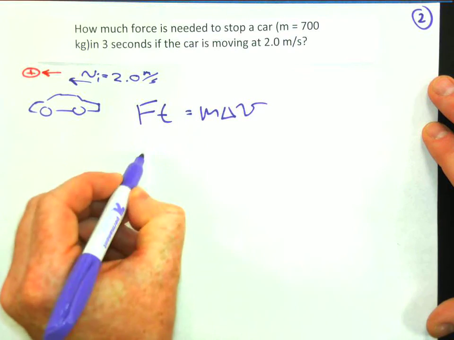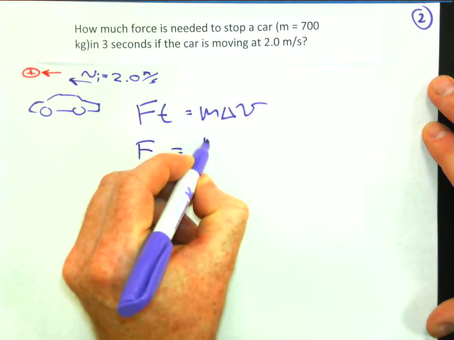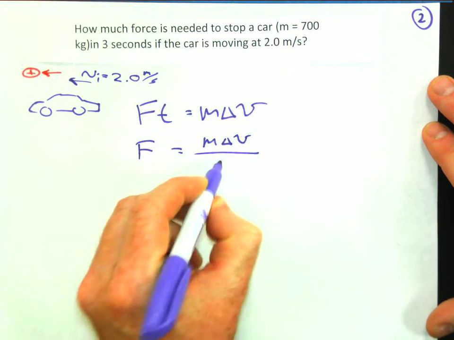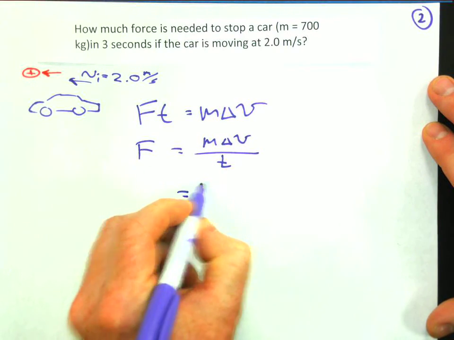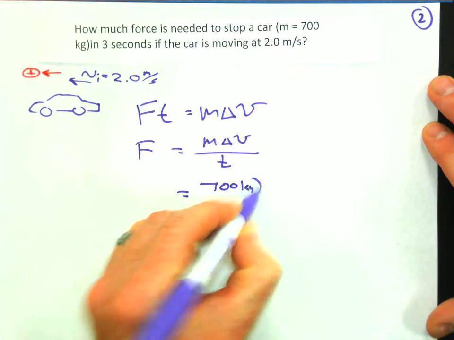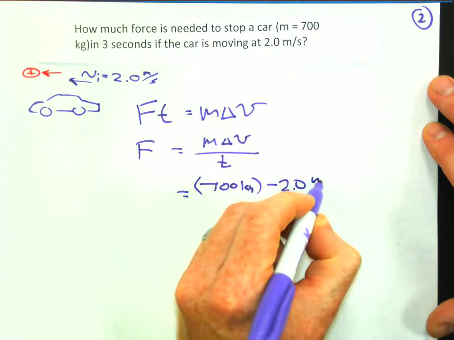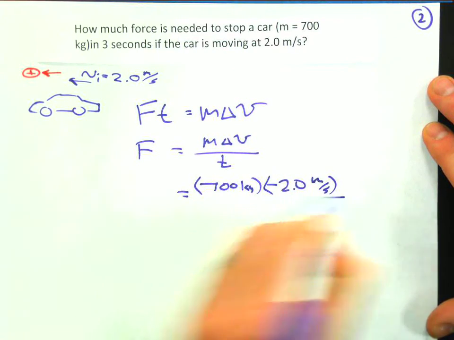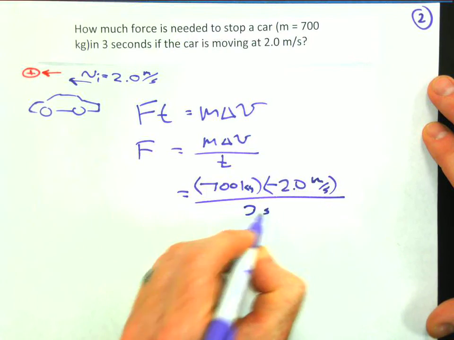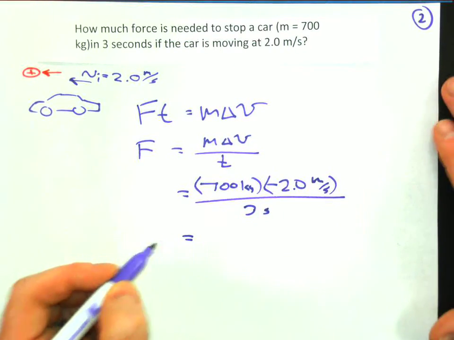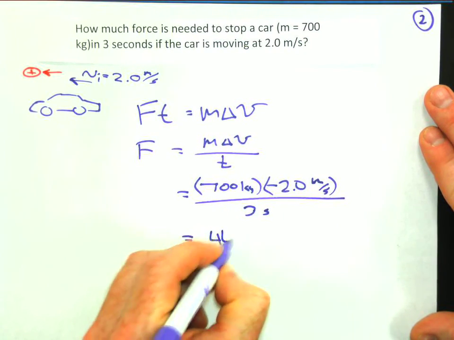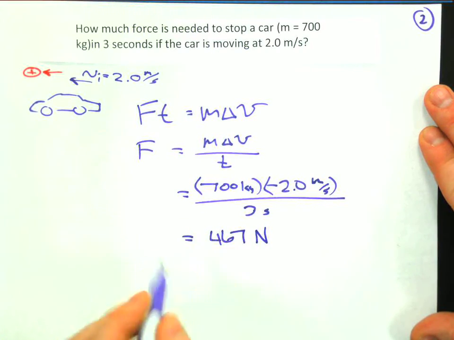So m delta v divided by t, and plug some numbers in. We have 700 kilograms, a delta v of negative 2 meters per second, and a time of 3 seconds. When you do this math, 467 newtons. There's our force.